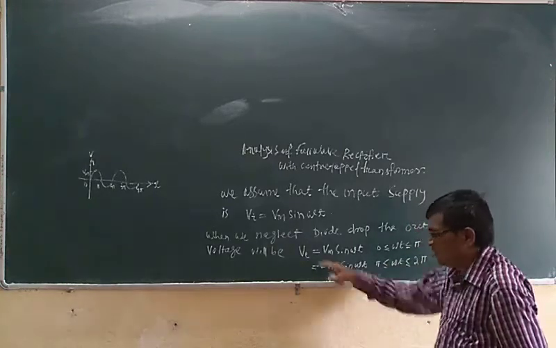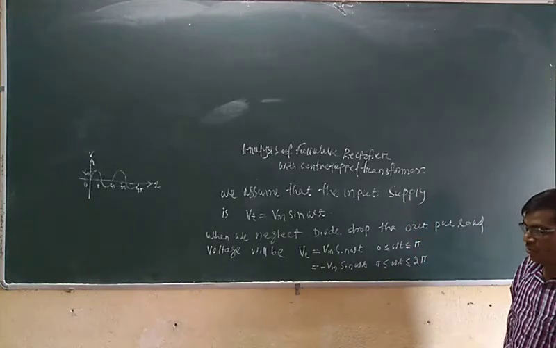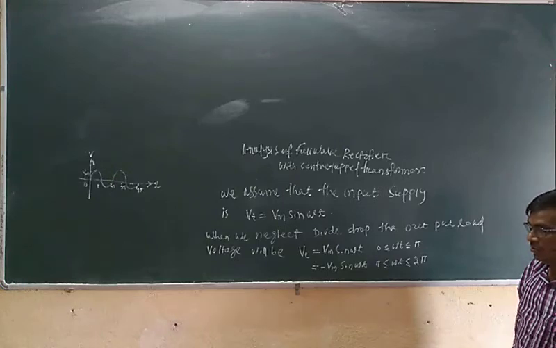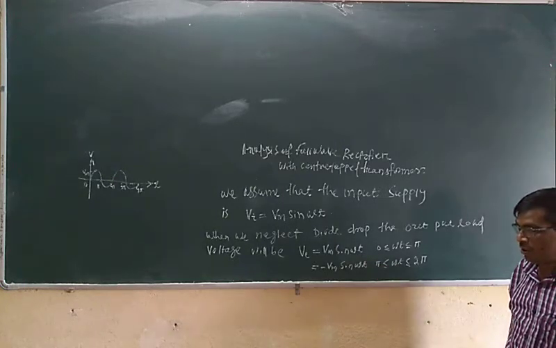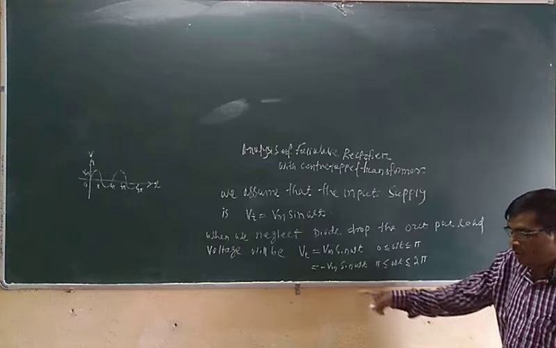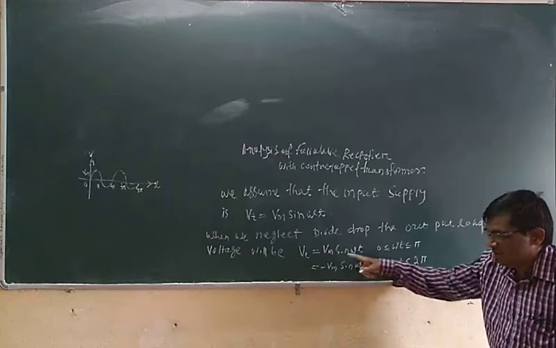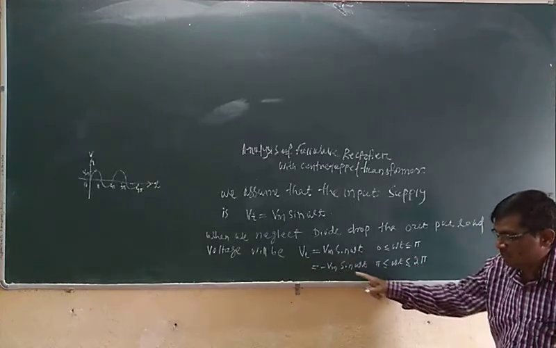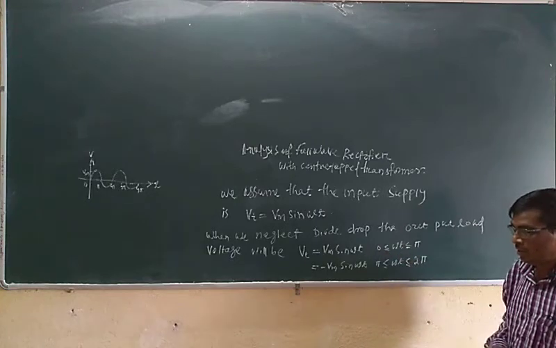So this is the output load voltage. Okay. Now we consider the output load current. So in the output load voltage, that is Vm sin omega t and minus Vm sin omega t, theta is in between 0 to 2 pi.